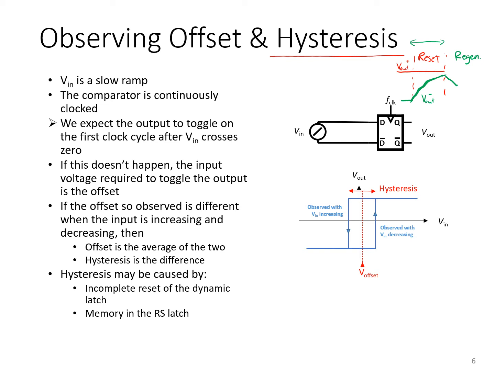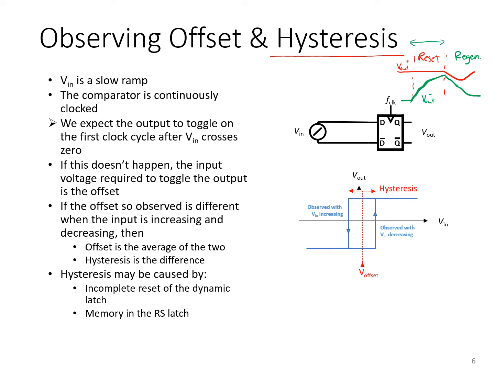Which means that all else being equal, it's much more likely that the next decision will also be low. That is to say, even if the differential input is zero, the next output will certainly be low. Or sorry, I should say V out minus will be low, V out plus will be high again, because of this hysteresis, this kind of memory from the last decision.